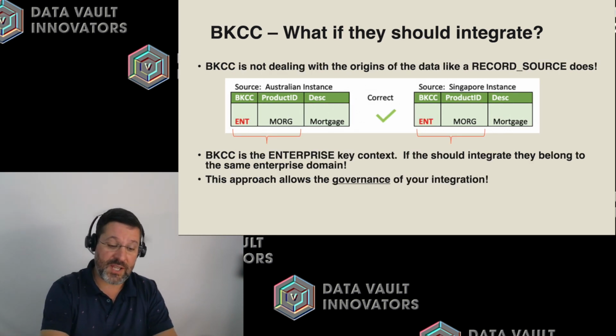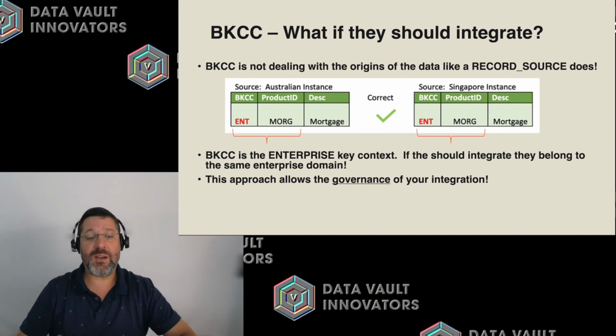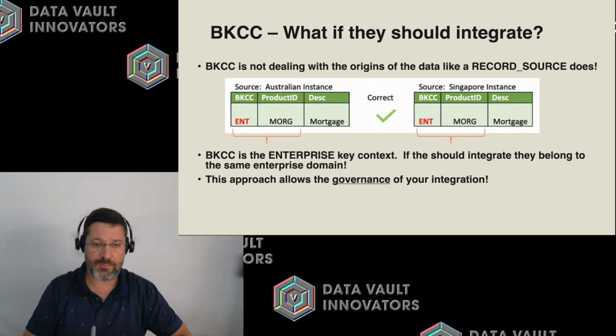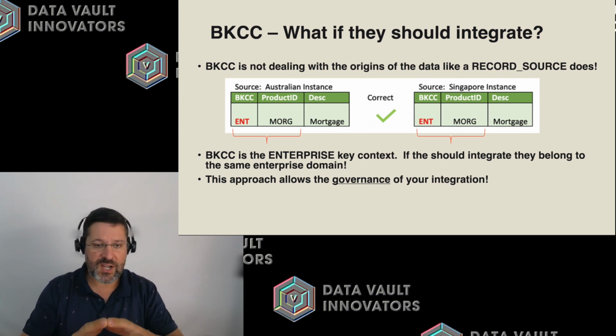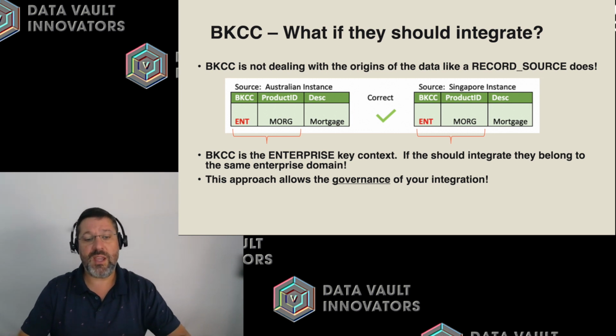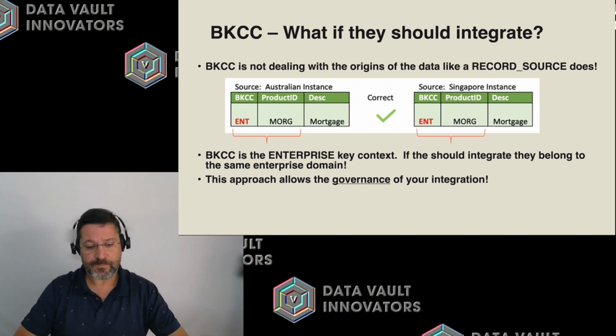Therefore, the combination remains consistent, and it enforces and helps us to govern when the integration on business keys is supposed to happen or not supposed to happen. And so in both these cases, you can see how we govern both the false integration, prevent that from occurring, and also make sure we don't lose any passive integration that is already apparent in our source systems.